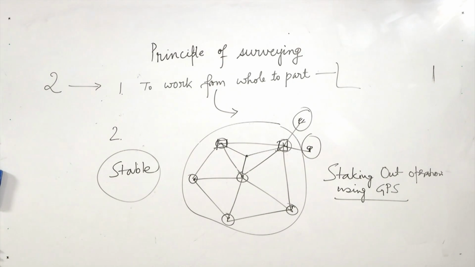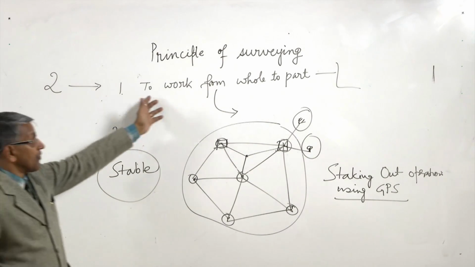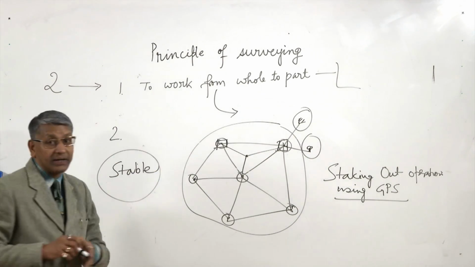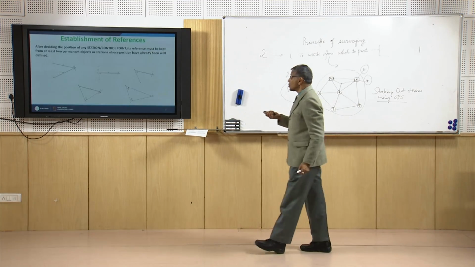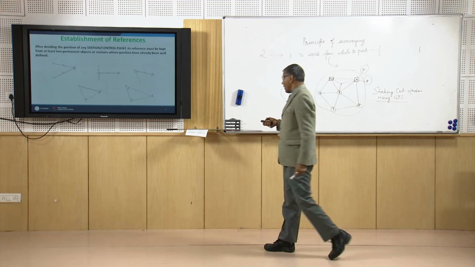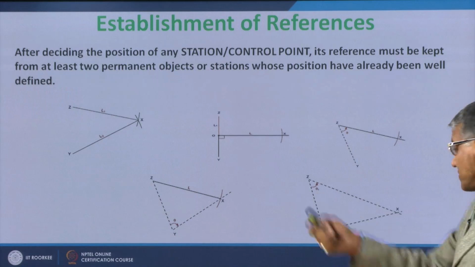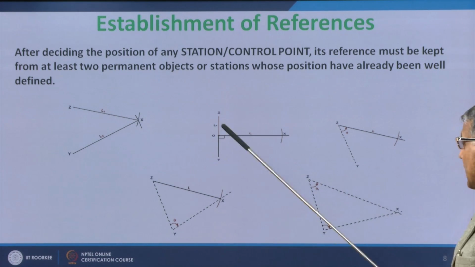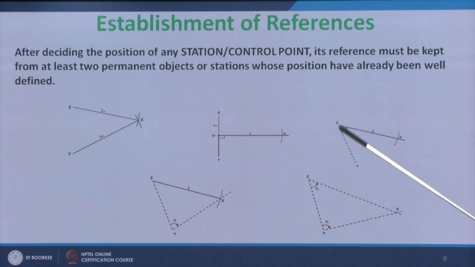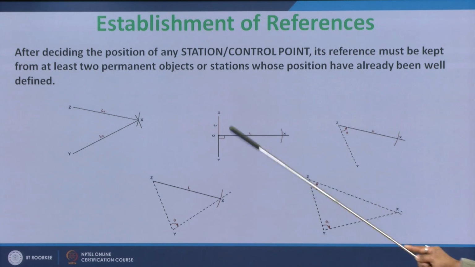Anyway, the basic principle of surveying is to work from whole to part and to maintain the location from at least 2 permanent objects. Now here there are some figures which show how to maintain the location of any station. Suppose in this figure X is the location of a control point.